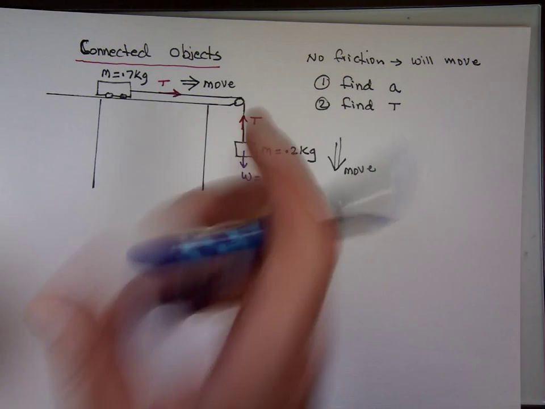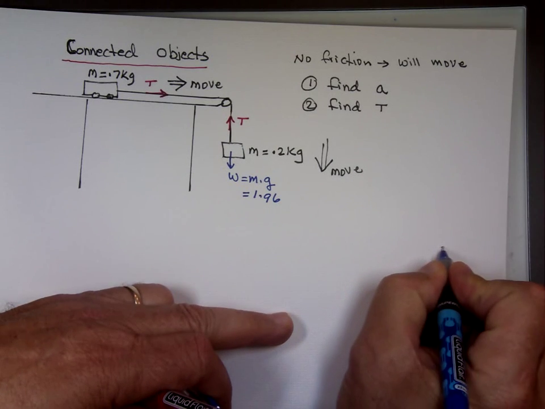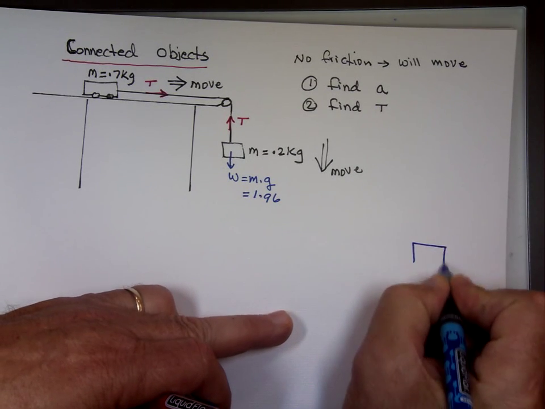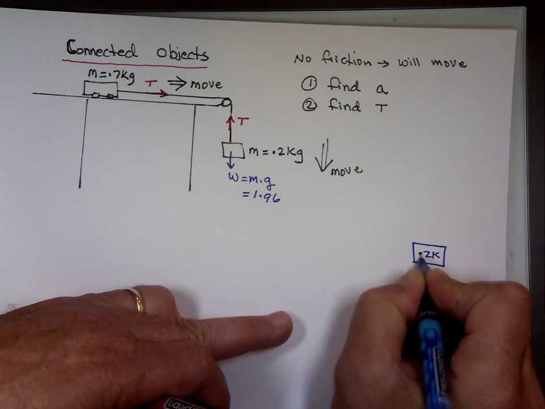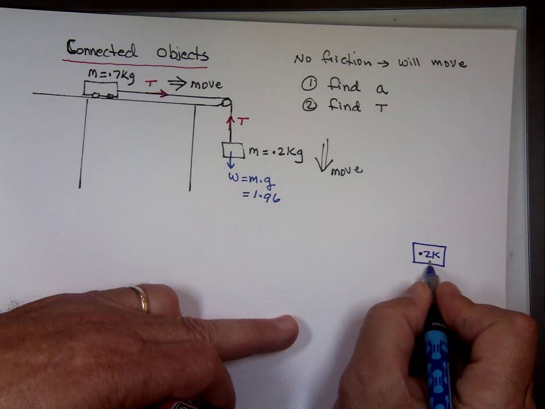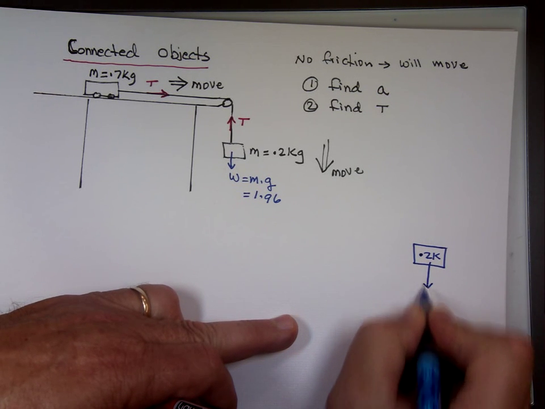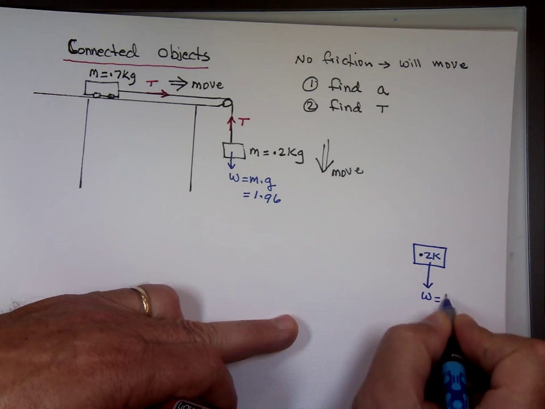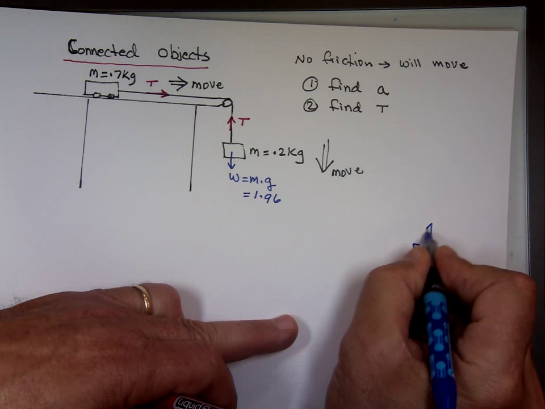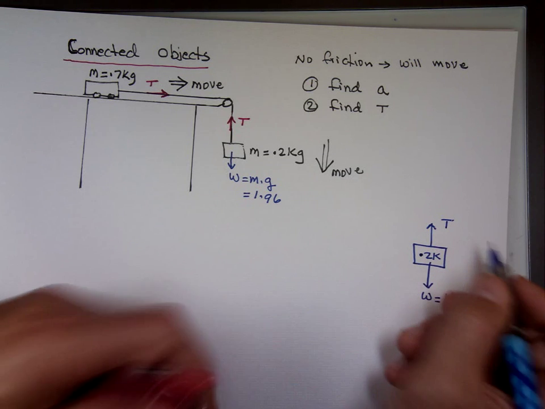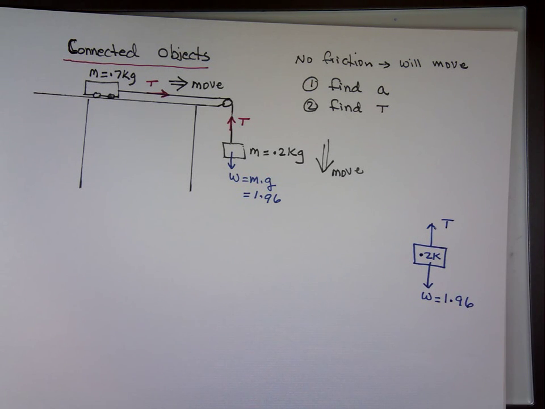So let's look at that one, just the first one. This is the 0.2 kilogram. It is moving, it has a weight down of 1.96. It has the tension going which way? Up. And they are not equal to each other.